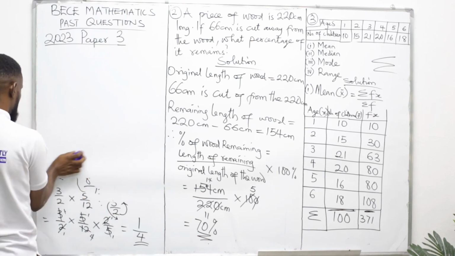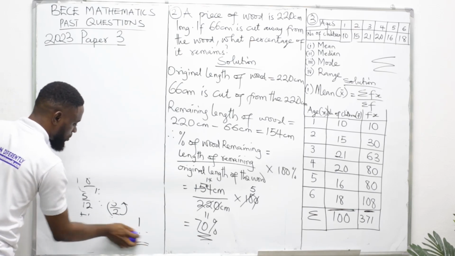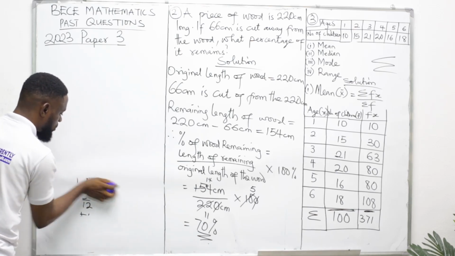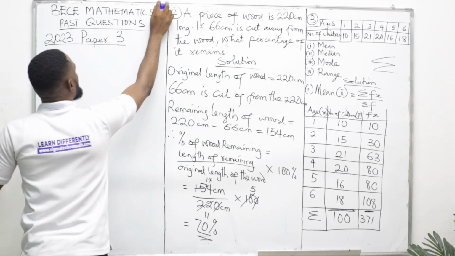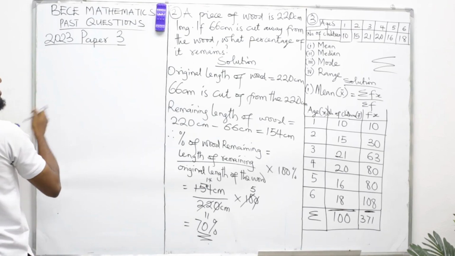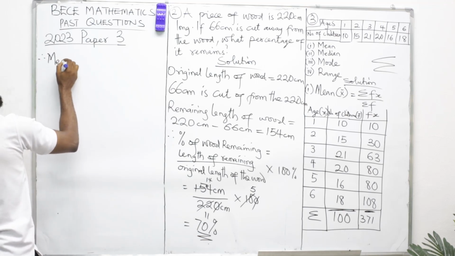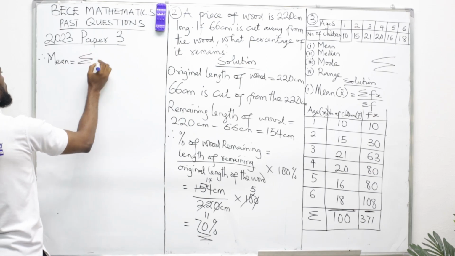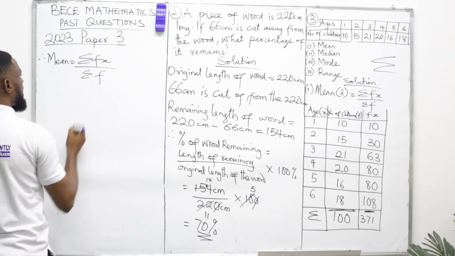All right, so the first thing they ask us is mean. So we said, therefore, mean is equal to summation of fx all over summation of f, right?